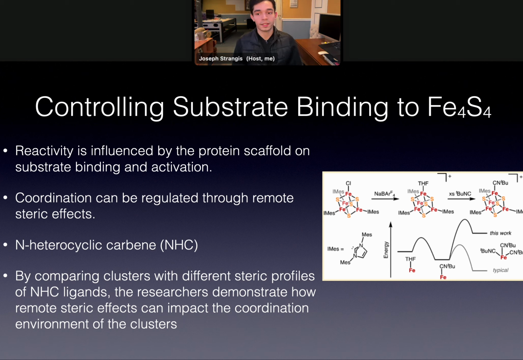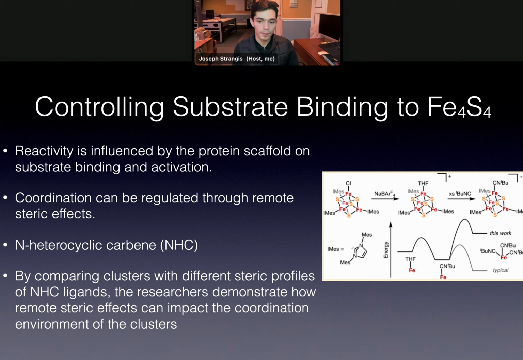One in particular is N-heterocyclic carbene, NHC, groups, which tend to be very big and take up room around the structure. So the reactivity exhibited by many iron-sulfur enzymes is not only due to the scaffold, but we can control remotely the activation of binding sites through steric effects on ligands.